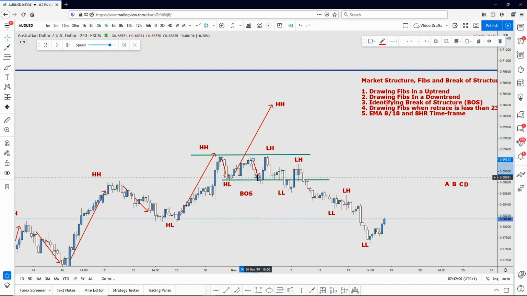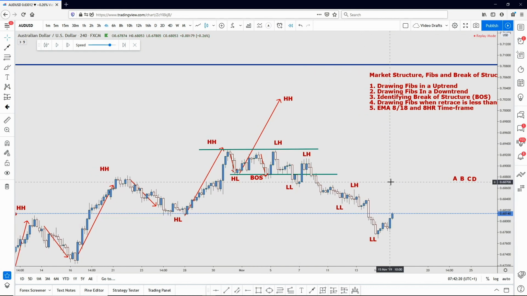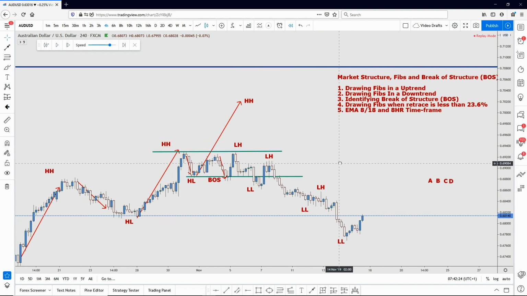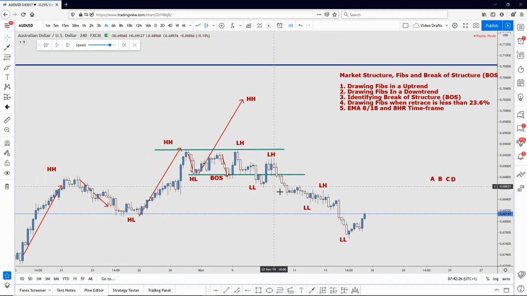It actually made a lower low than this previous higher low. So this is where break of structure happened. We label it, and then we see that it started making a lower high, lower low, lower high, lower low, lower high, lower low. So once we notice there's a break of structure, then we can start measuring Fibonacci on the downtrend, and that's what we're going to cover now, drawing Fibonacci in a downtrend.